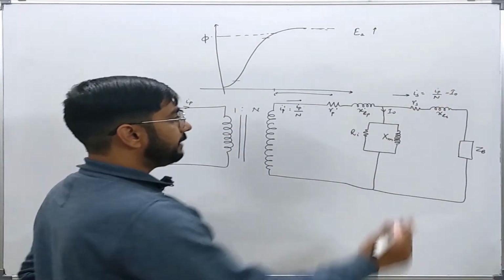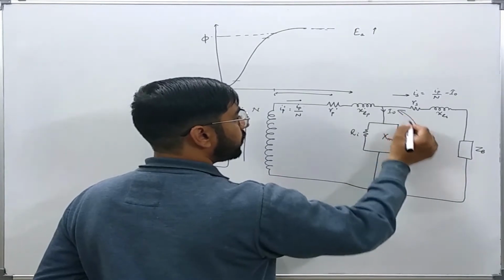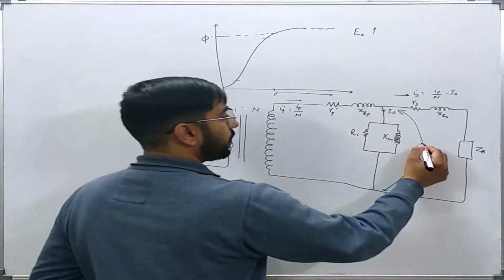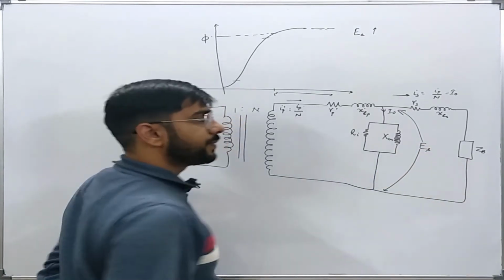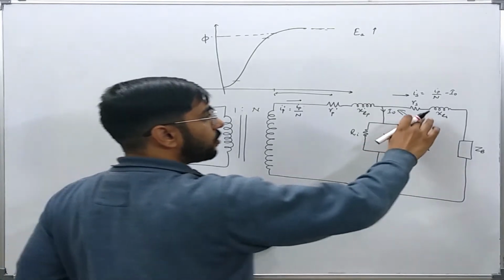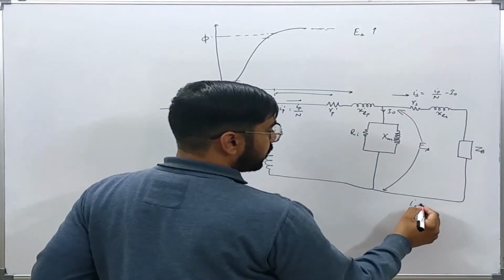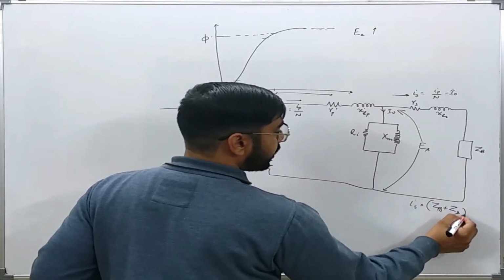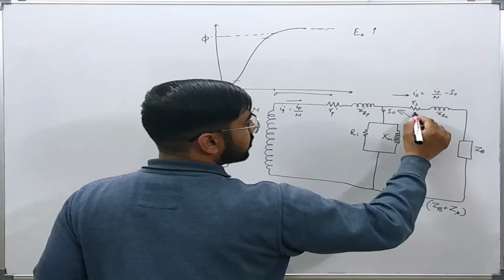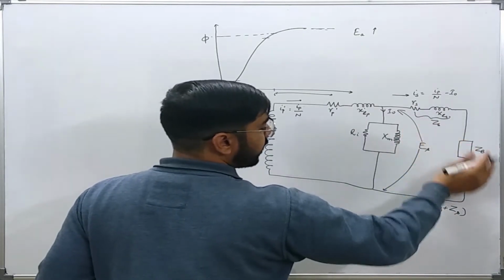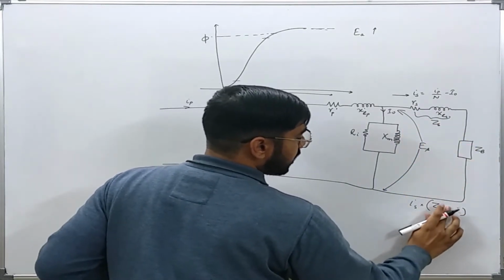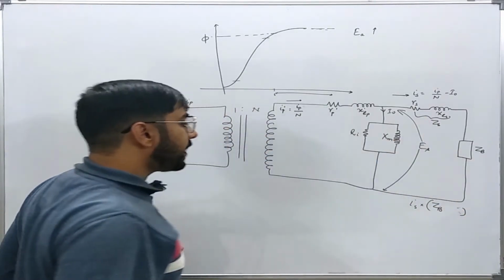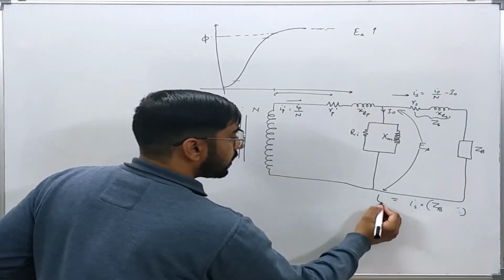So the voltage induced in the CT will be this ES. Now this ES can also be written as IS into (ZB plus Z secondary). If I merge this Z secondary into the burden only, then I can write it as IS ZB, assuming that the burden also consists of ZS. So this is ES.